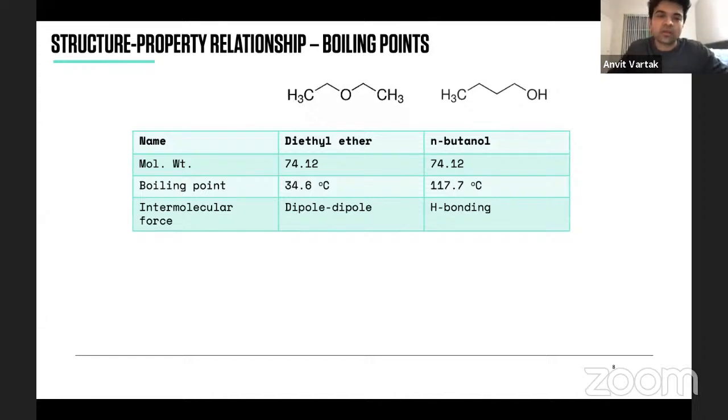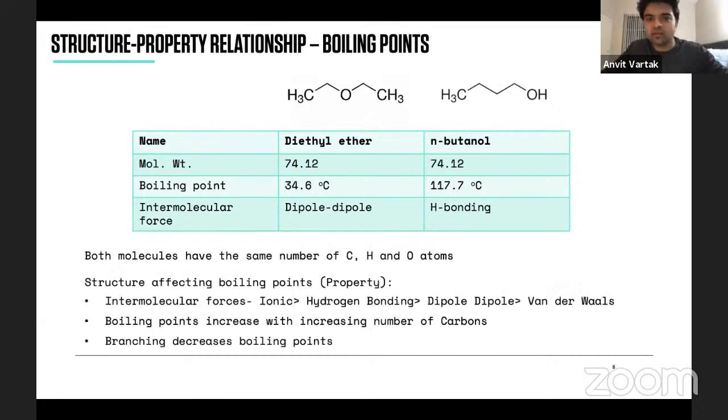If you think of the molecular formula for it, you have the same number of carbon atoms, the same number of hydrogen and oxygen atoms in it, but only by knowing how the different atoms are bonded to each other, you'll know if it's going to be a stronger bond or a weaker bond, which determines its physical property, which is the boiling point.